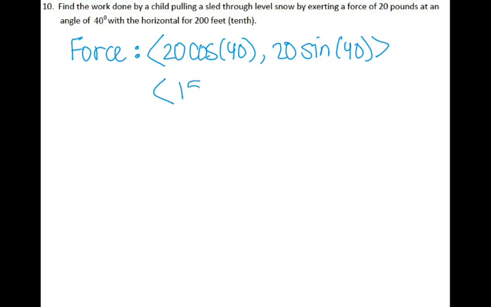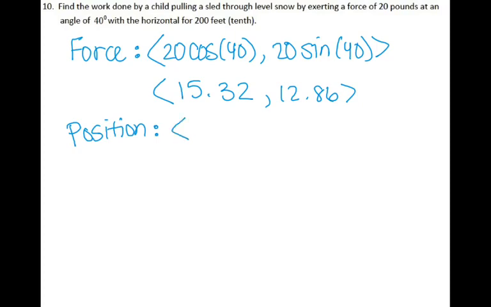So that's 15.32 and 12.86. So that's my force. And the other thing I need to know is the position. My position vector basically comes from where this kid is traveling. So he's traveling horizontally for 200 feet. But is he traveling vertically at all? Nope, because it says right here, level snow. Perfect.